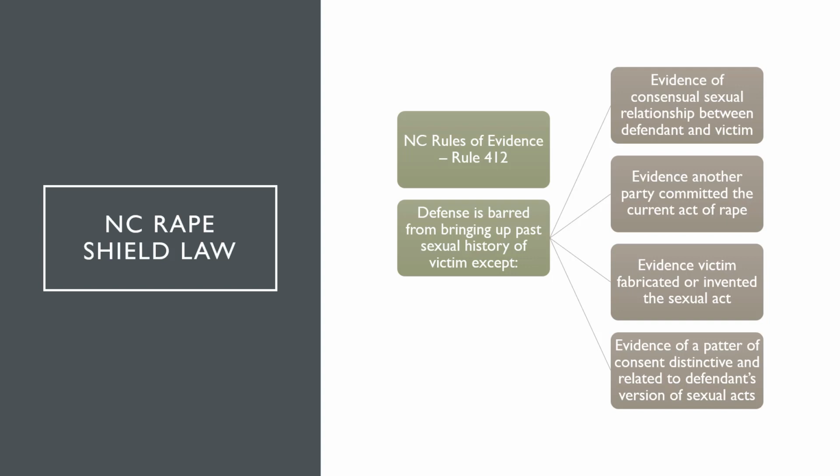Did you accompany him to a motel? I did. Did you buy lingerie for that night? I did. Did you buy birth control for that night? I did. Okay, that's evidence of a pattern that is distinctive and relates to the idea that this might be consensual. And if the defendant had already testified to that, I could ask those questions.